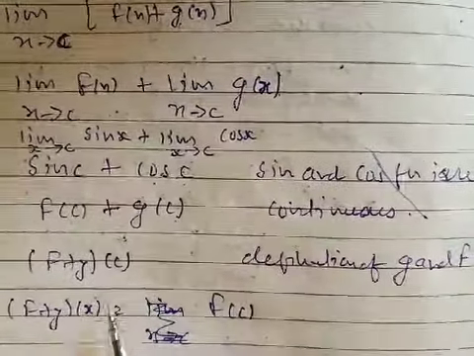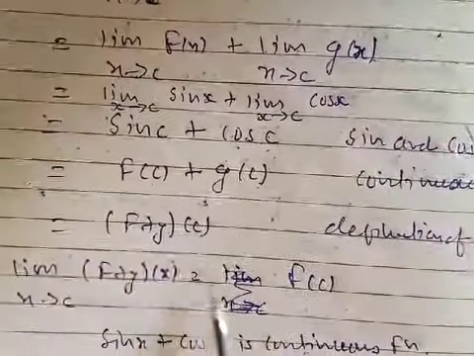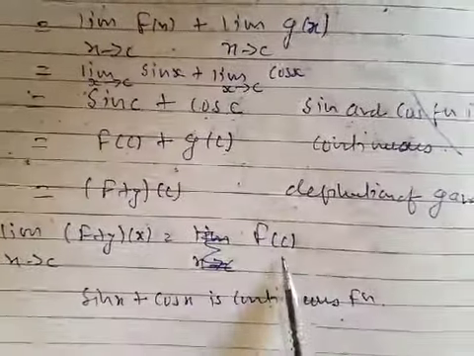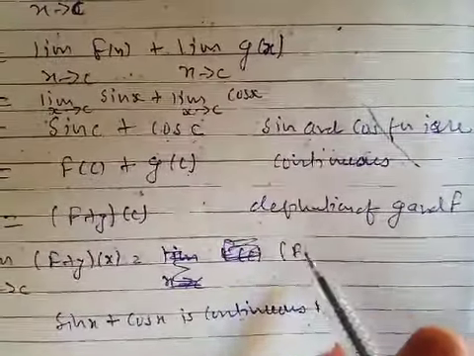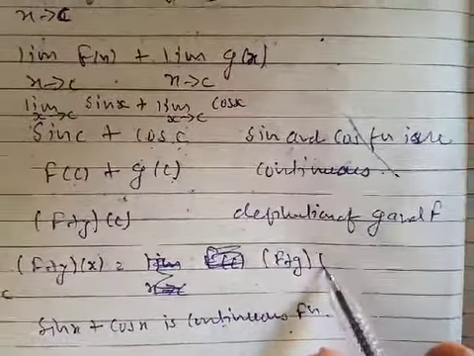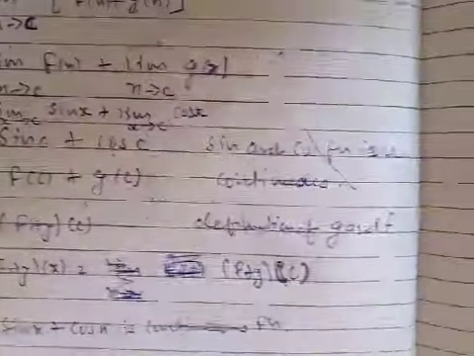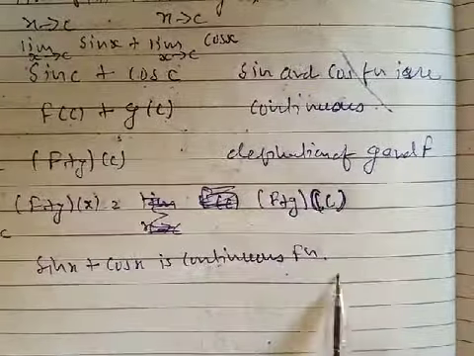So what we proved ultimately, limit x tends to c, (f plus g) of x is equal to (f plus g) of c. So it proved that sin plus cos is a continuous function.